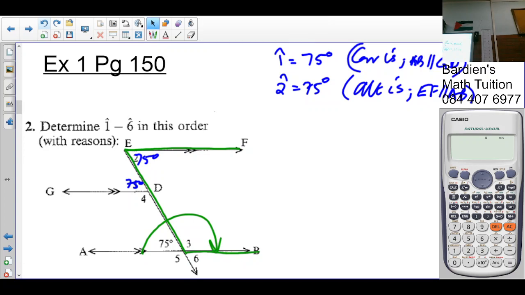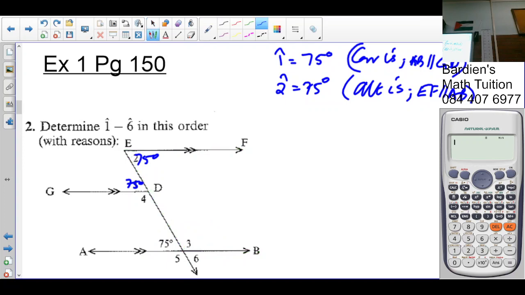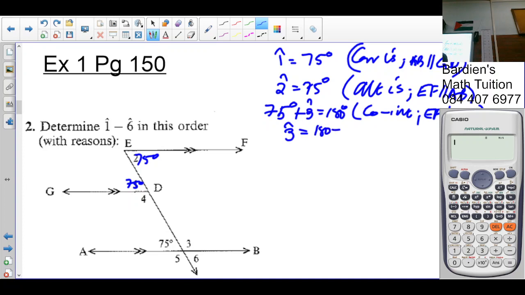Any one of those two would have been acceptable. I'm going with co-interior. So 75 plus angle 3 is equal to 180 degrees, as co-interior angles with EF being parallel to AB. Angle 3 is 180 minus 75, which is 105.